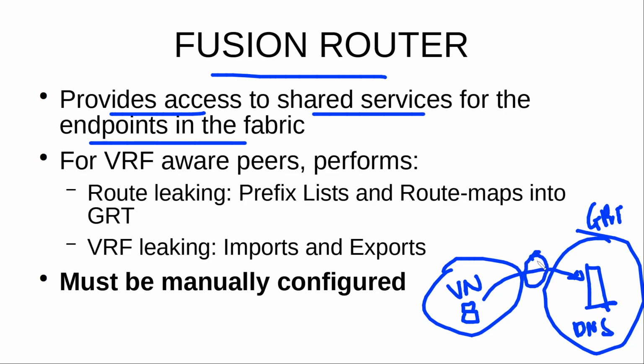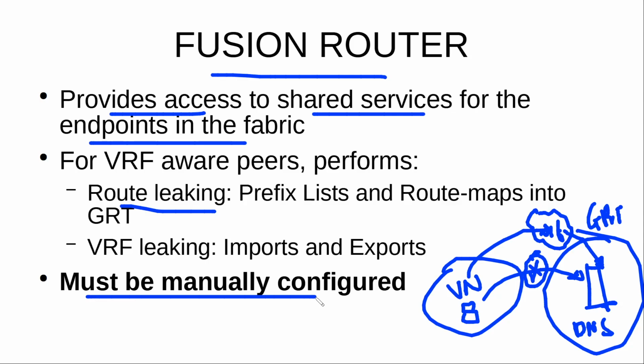I'm going to need the Fusion router in order to do that. Remember that it will first map these VNIDs into VRFs, and then it is going to do route leaking into the global routing table. The Fusion router must be manually configured.